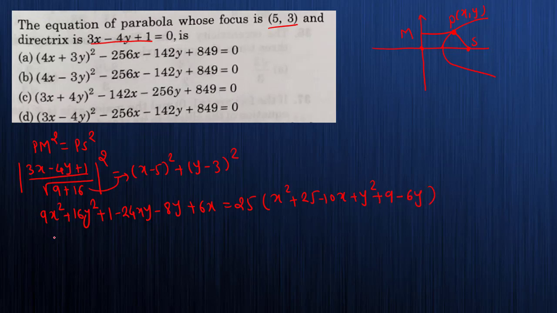Okay, so if you solve this you will get (4x plus 3y) whole square minus 256x minus 142y plus 849 equals 0.